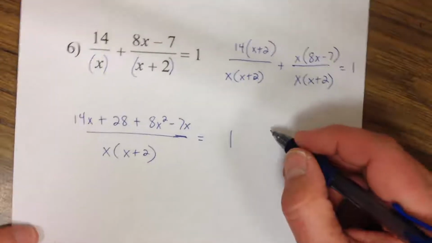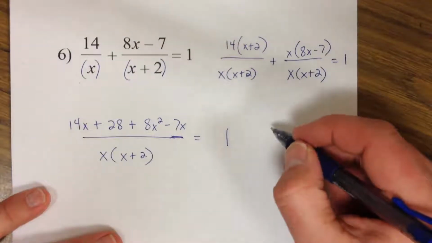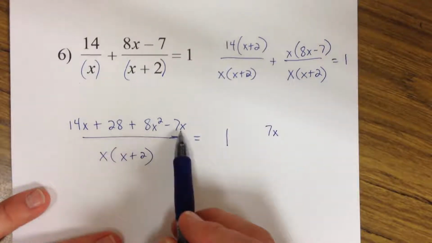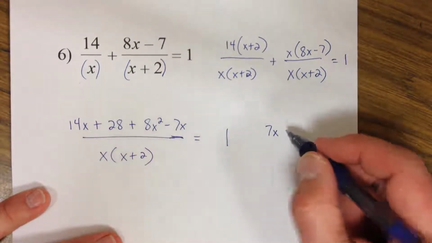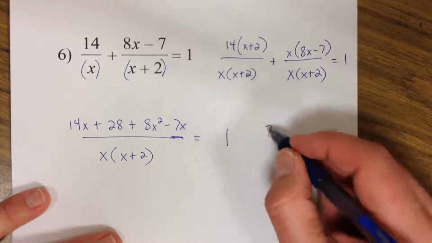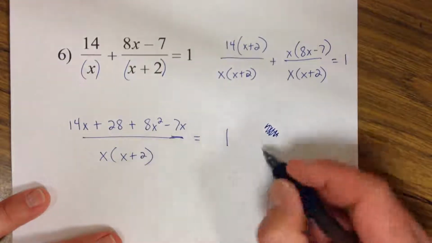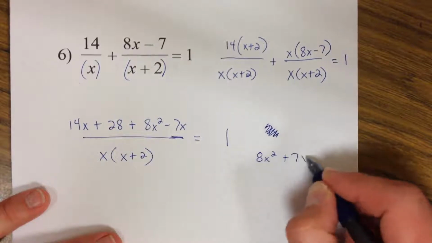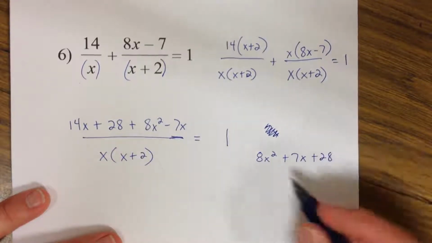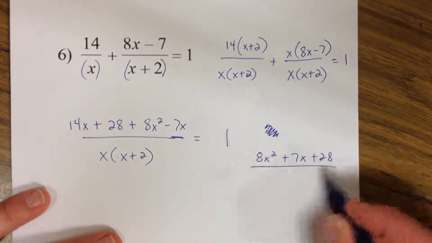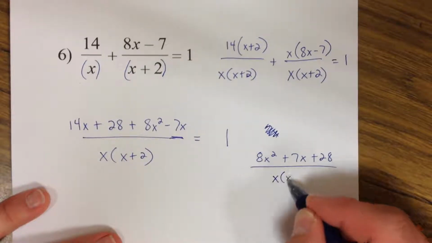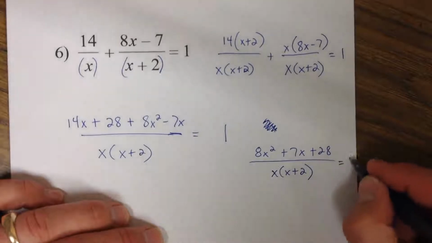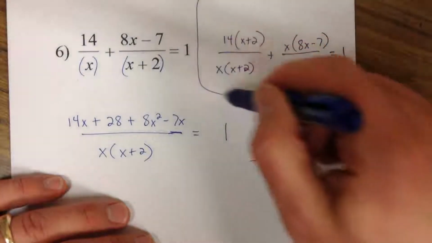So kind of running out of room. I have 7x. I want to write the 8x first. I have 8x squared plus 7x plus 28 equals 1.